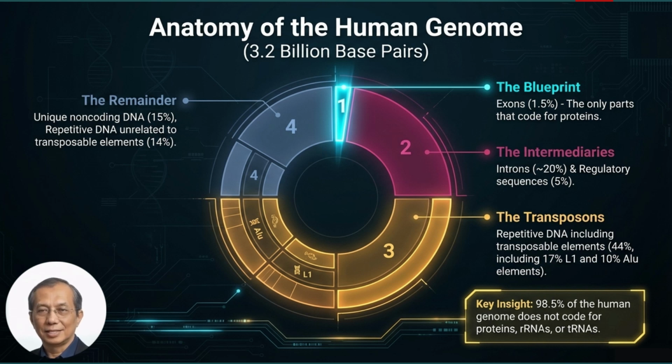The intermediaries, introns, make up about 20% along with regulatory sequences. Transposons, or jumping genes, account for a significant 44%, including elements like L1 and ALU. The remainder is composed of unique non-coding DNA, 15%, and repetitive DNA unrelated to transposable elements, 14%. This highlights the vast complexity beyond just protein-coding genes.